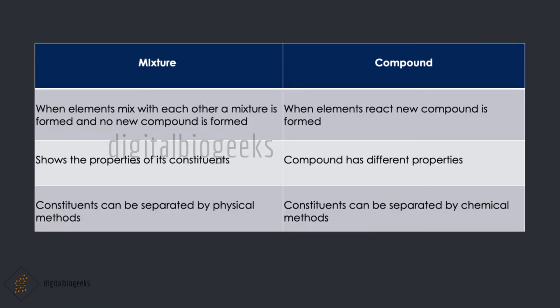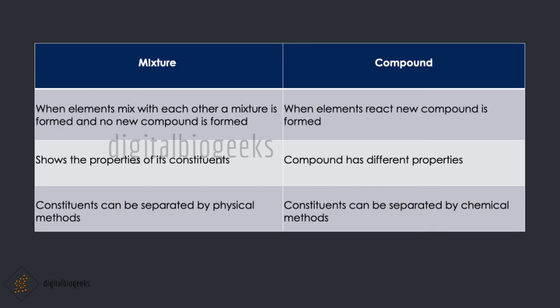Let's see what the differences are between mixtures and compounds. In a mixture, when elements mix with each other, a mixture is formed and no new compound is formed. But when elements react chemically, a new compound is formed.